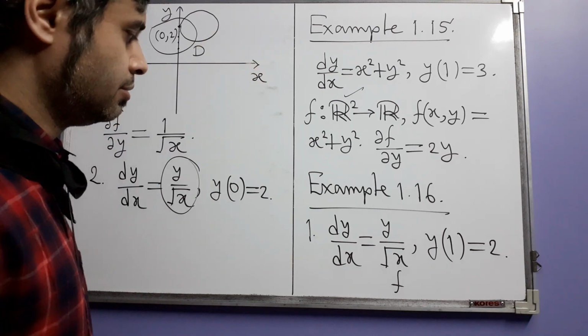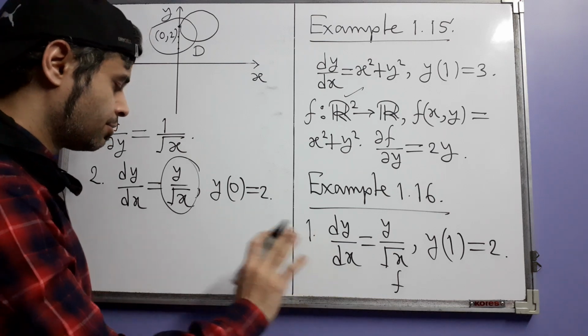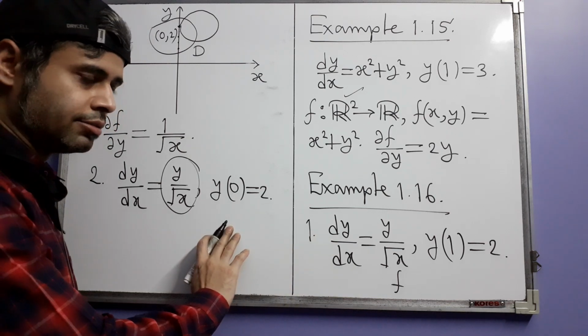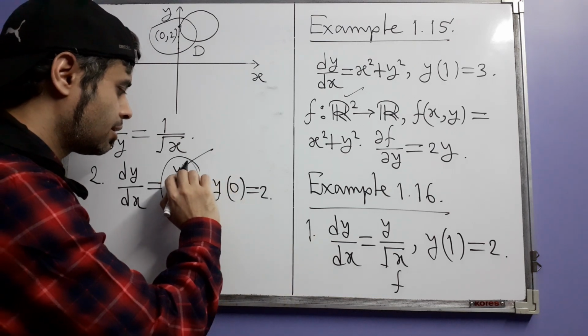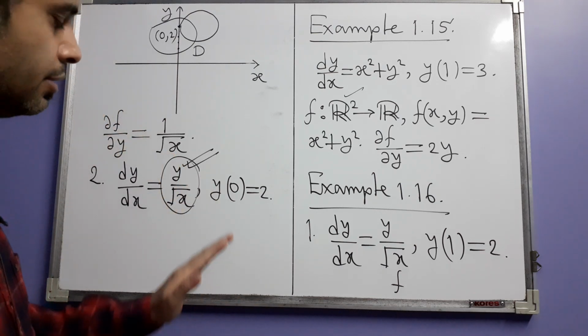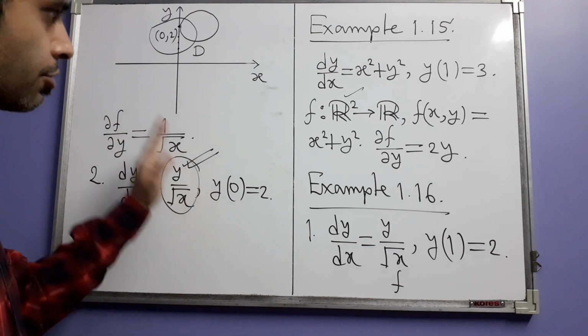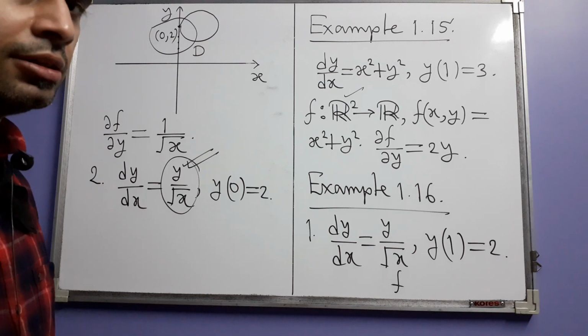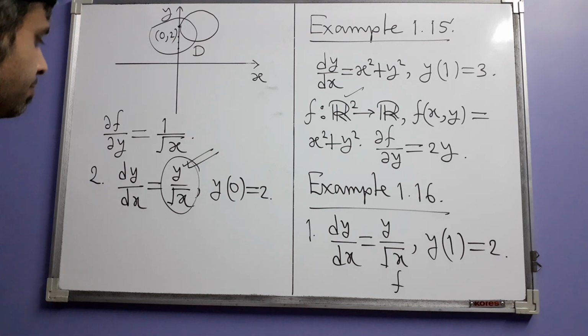What does that mean? There is no point looking at the partial derivative. The function itself cannot be defined on any such D in which it is continuous. It cannot even be defined, forget about continuity.